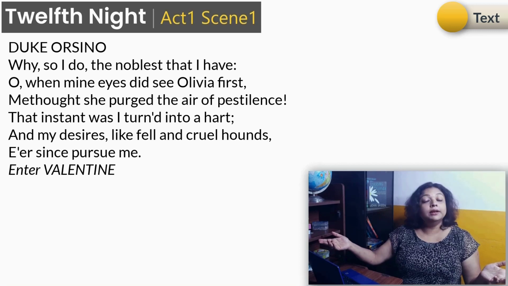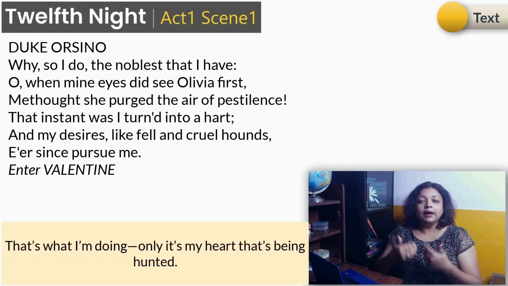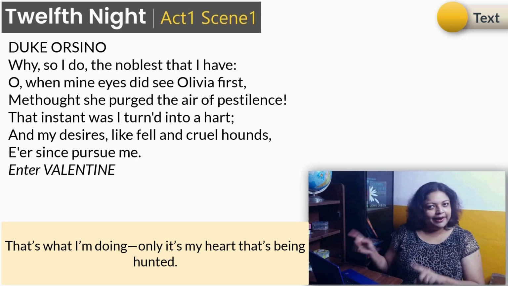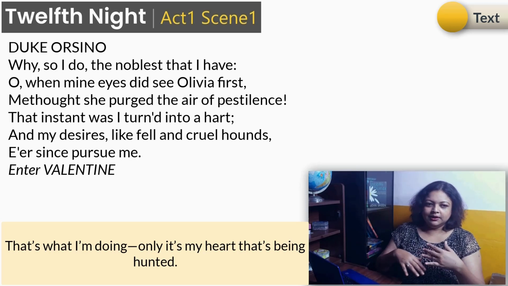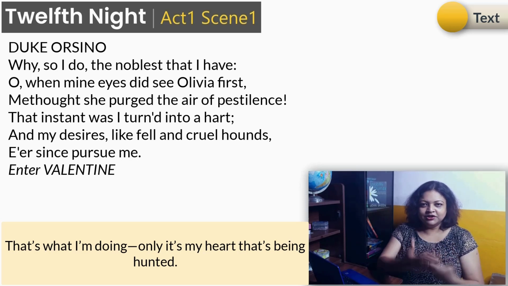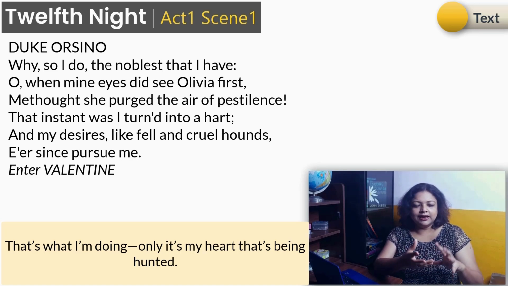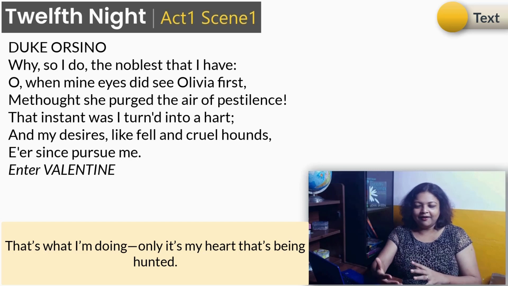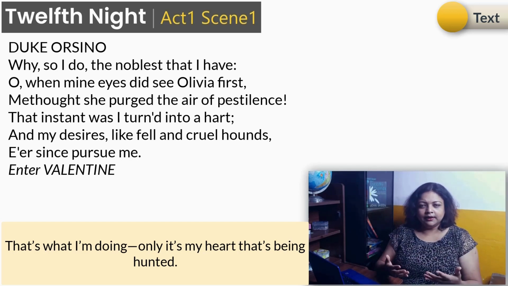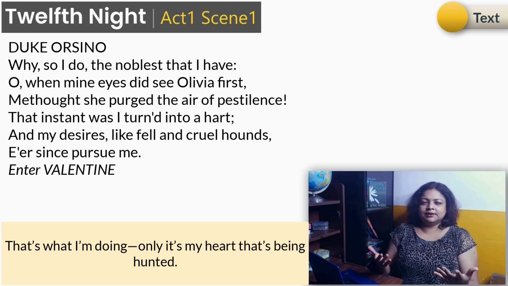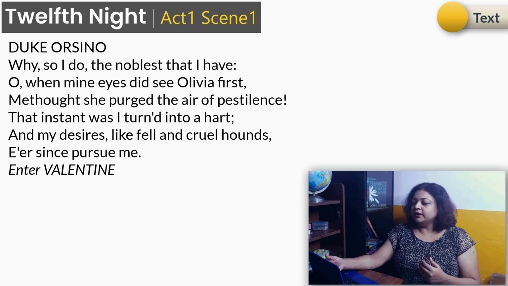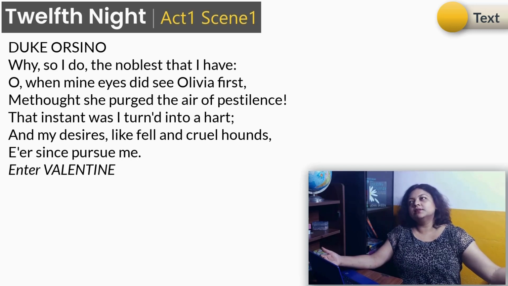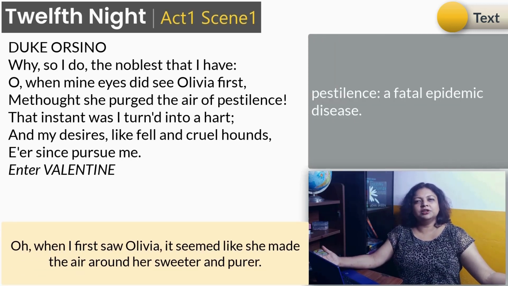So I have the noblest heart, H-E-A-R-T. So this man is not only absent-minded, he is very imaginative, because he associates H-A-R-T with H-E-A-R-T, and then he goes on to tell that he has lost his heart when he saw Olivia, and says, "Oh, when mine eyes did see Olivia first, methought she purged the air of pestilence," disease, plague, pollution.